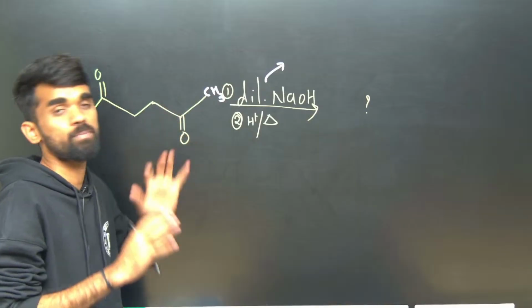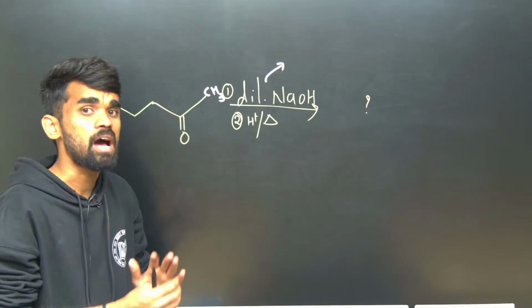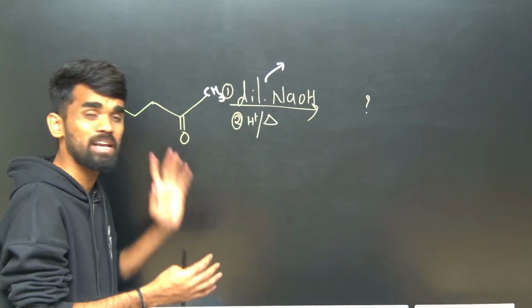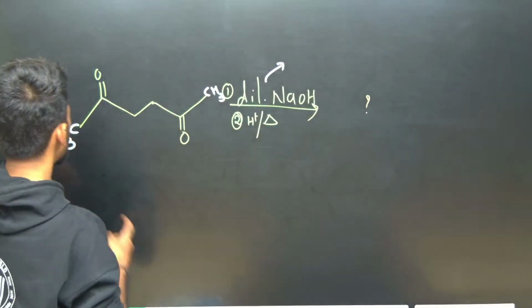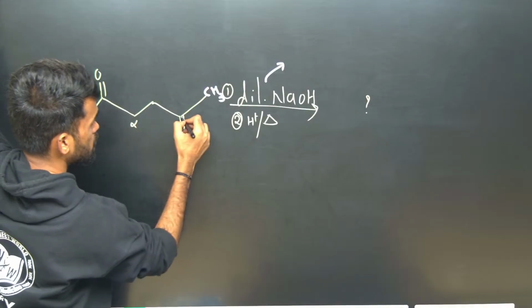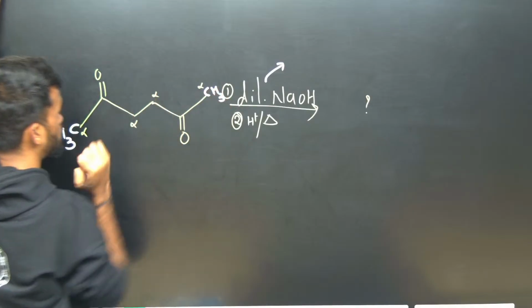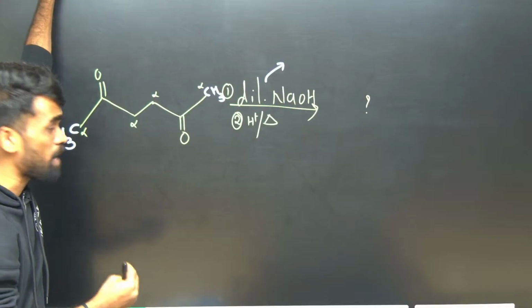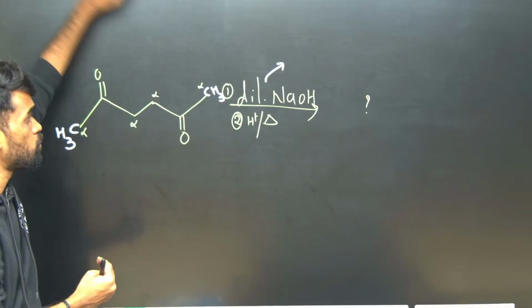That's why alpha hydrogens of carbonyl groups are acidic. For this carbonyl group, these are the two alpha positions.